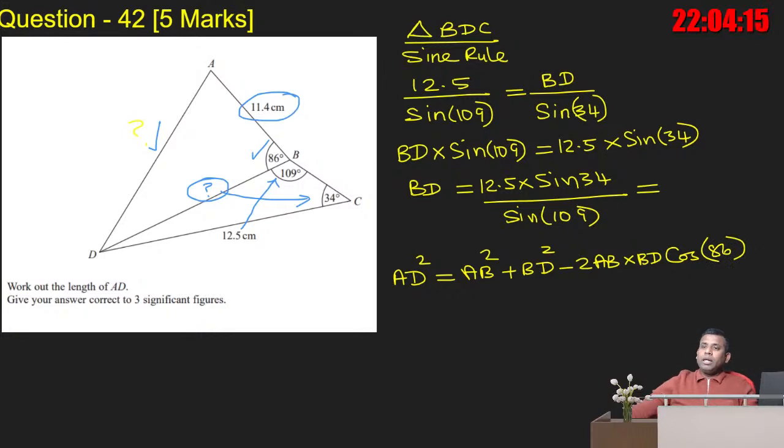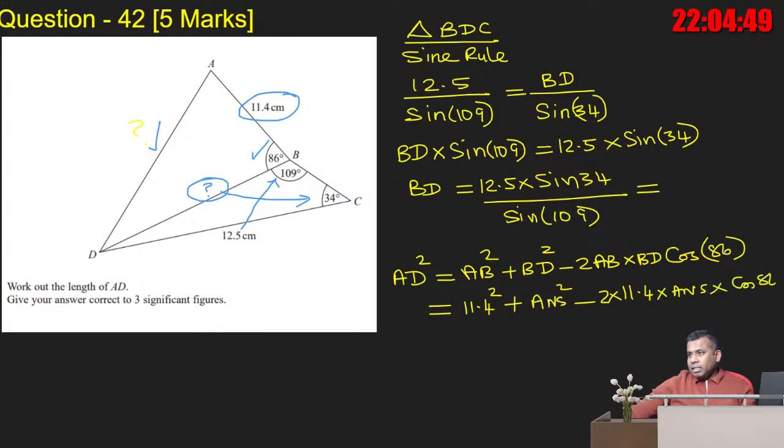So make sure you understand the cosine rule: a squared equals b squared plus c squared minus 2bc cosine theta. So AB squared, we already know, 11.4 squared. BD squared is the previous answer squared. Minus 2 times 11.4 times the answer times the cosine 86.